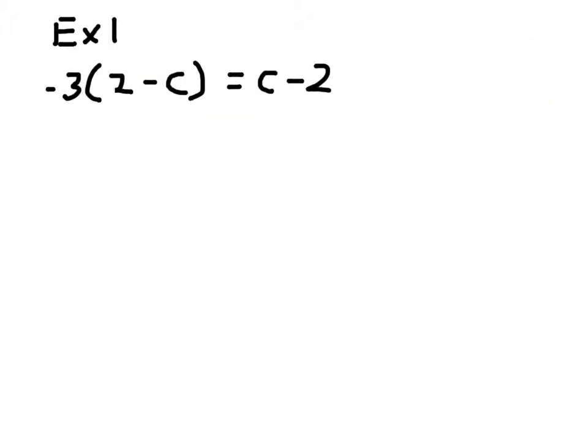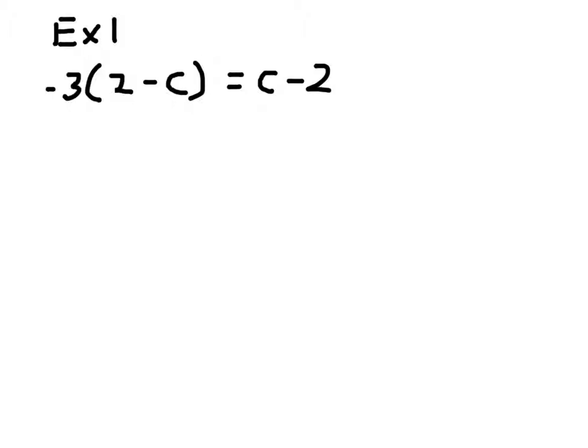In example 1, we're going to go through the same process, except that we have this new type of equation, which involves parentheses. Notice on the left side, is there any simplifying we can do? Yes. We can use the distributive property to get rid of the parentheses.